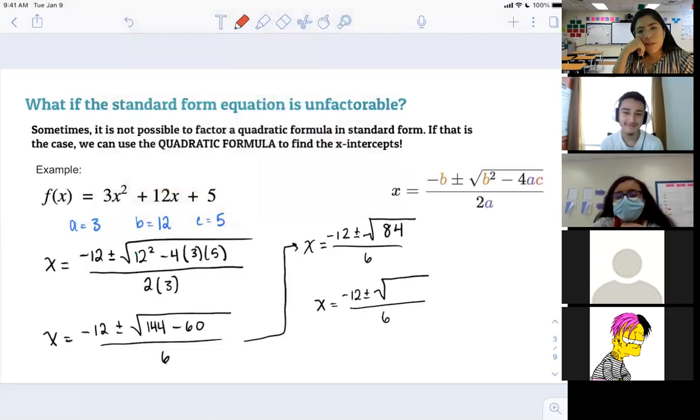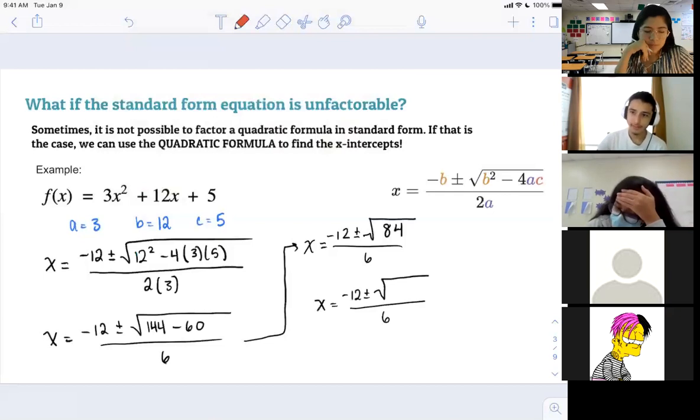Maybe 4 is a factor. Oh wait, no. 12 times... Is it 12 times 7? 12 times 7 is 84, but can you take the square root of 12?